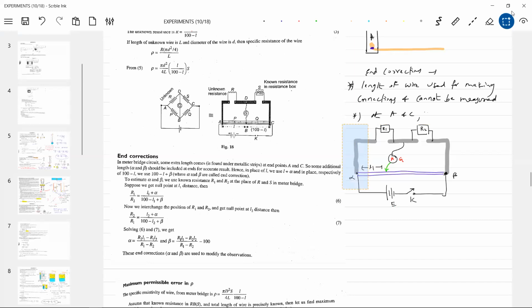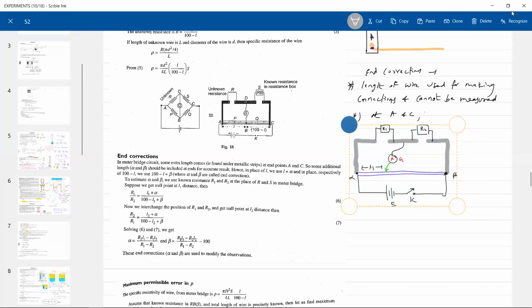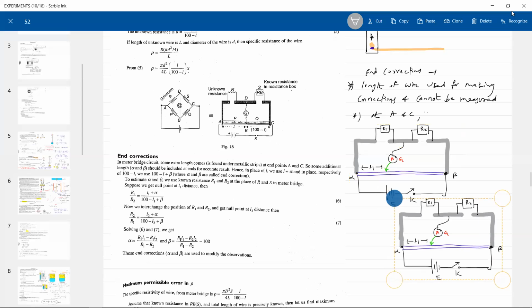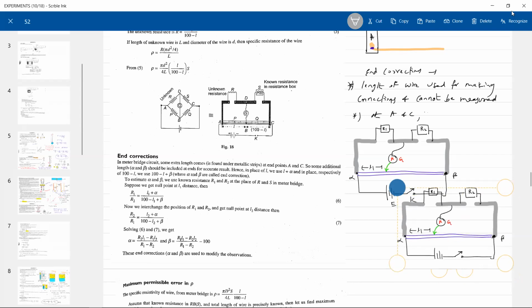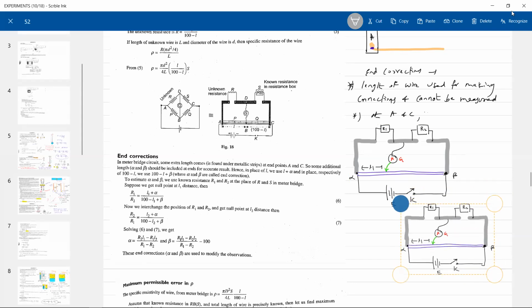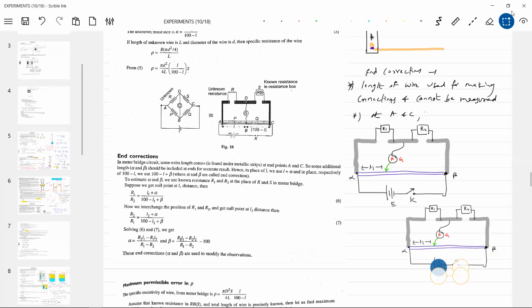I just brought the diagram so that at least through the diagram you can remember. R1. Okay, got the idea. So like this, L1, L2 will be measured and we'll get the required thing. Like that, the alpha, beta end corrections can be determined.